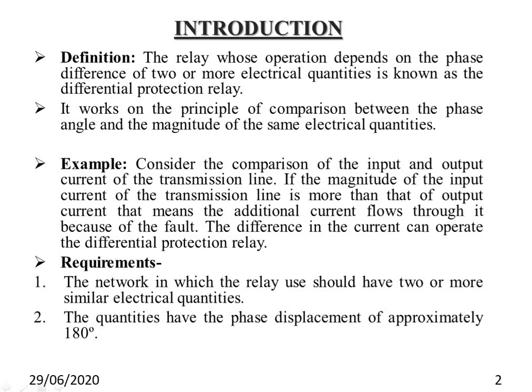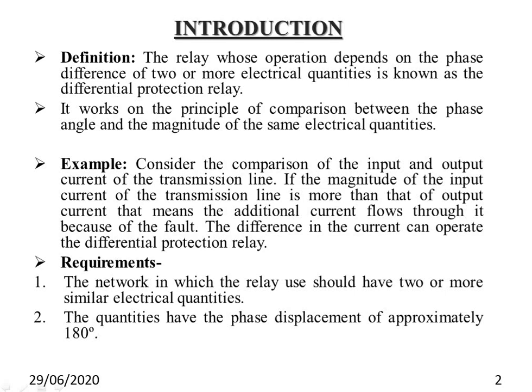Now, what are the requirements of the differential protection scheme or the differential relay? Number one, the network in which the relay is used should have two or more similar electrical quantities.